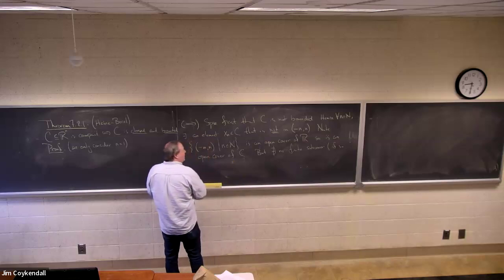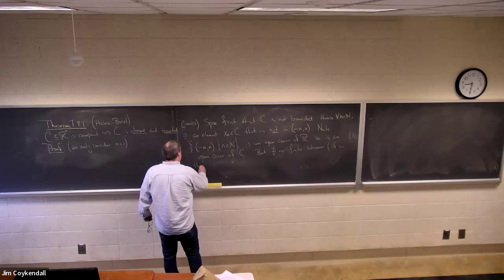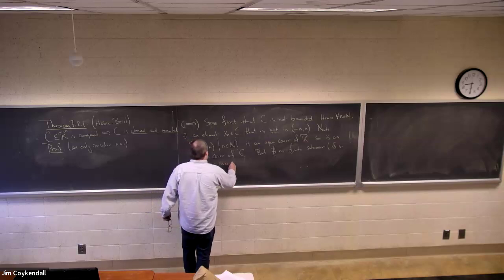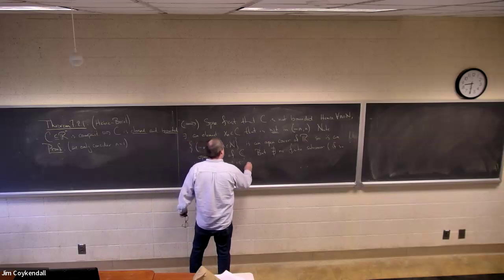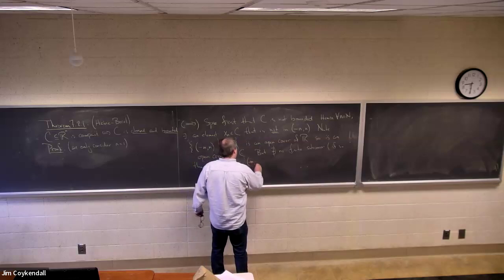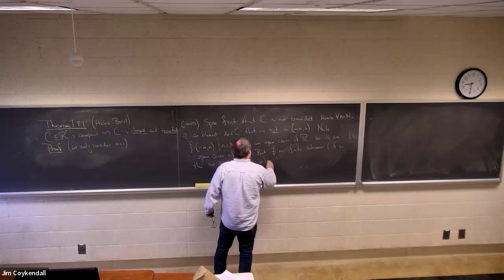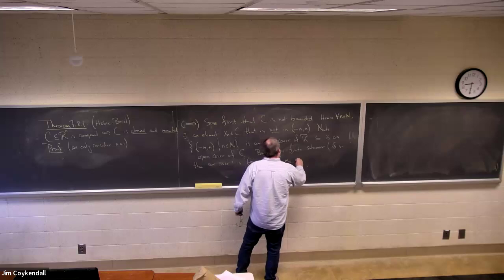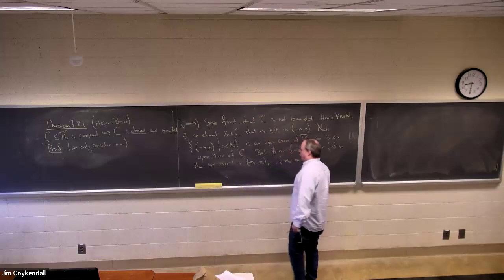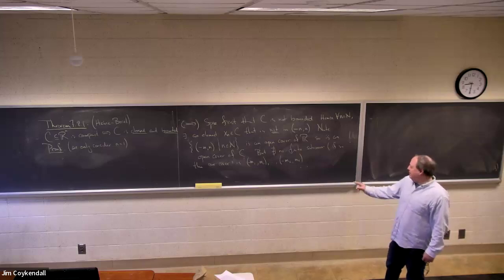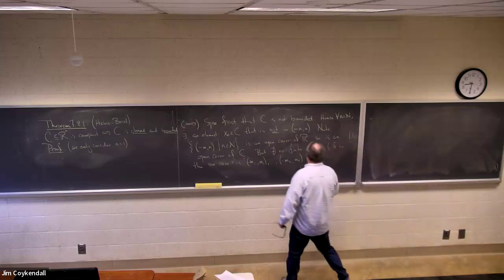Well, if so, then our cover is the union of the intervals from minus M1 to M1, and so on. If so, I can put C in that finite list.